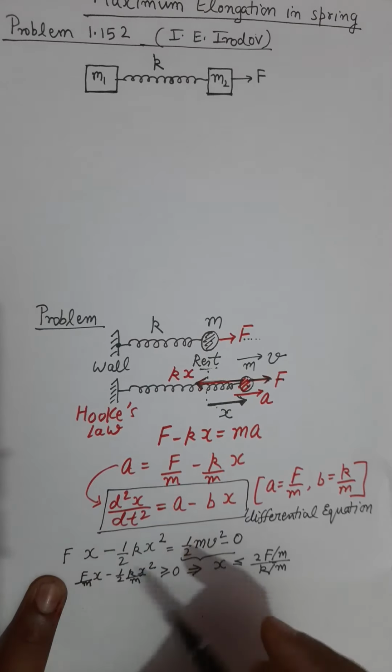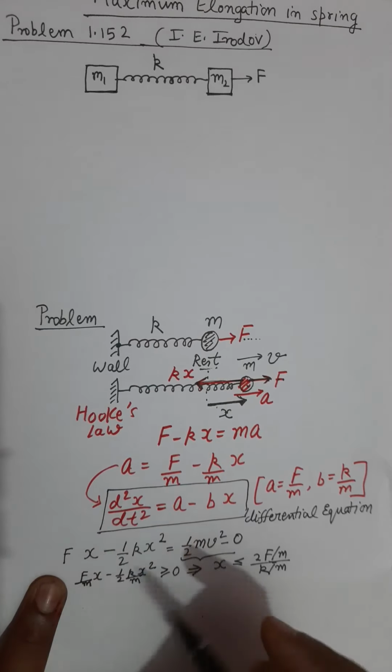From this differential equation and through physics, we know that the maximum value of x in this differential equation is twice of a over b. The maximum value of x, right?